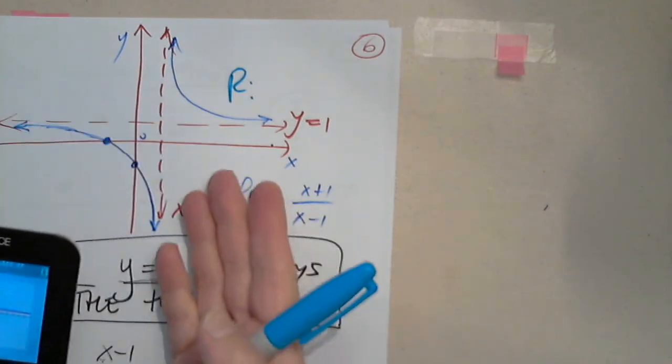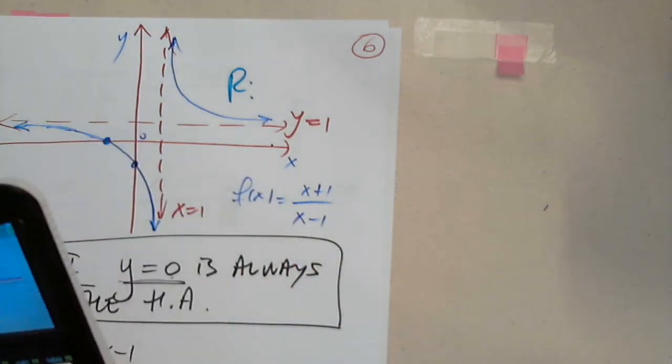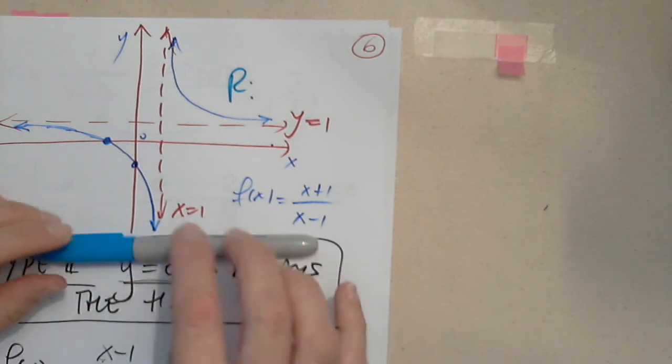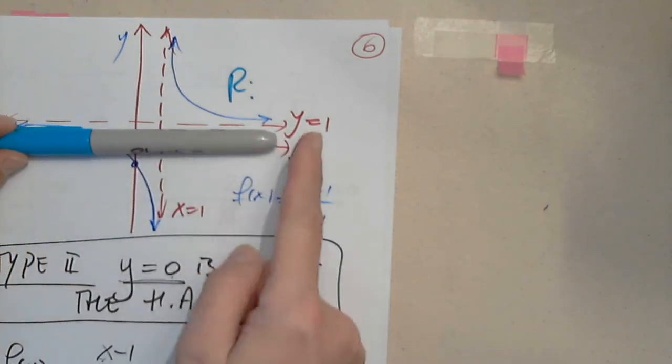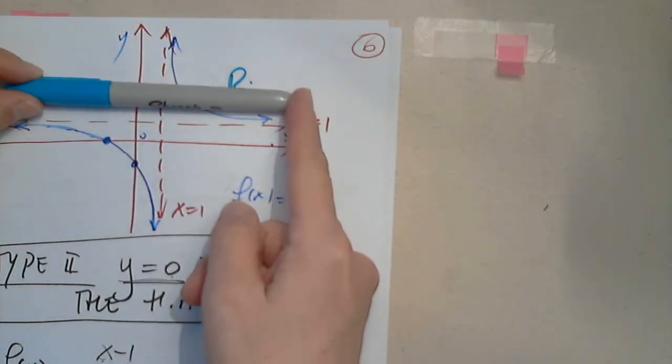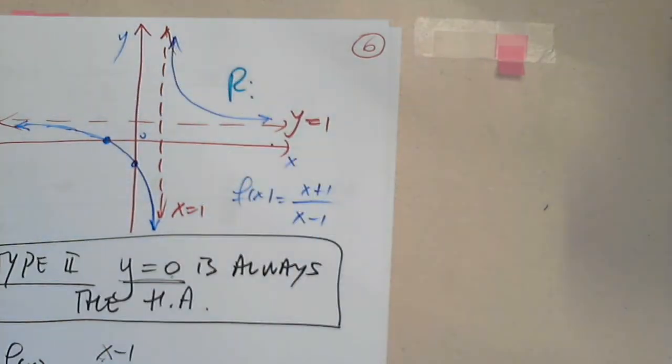So here it is. We checked everything with the graphing calculator. So now I need the range. So what is the range of this function?